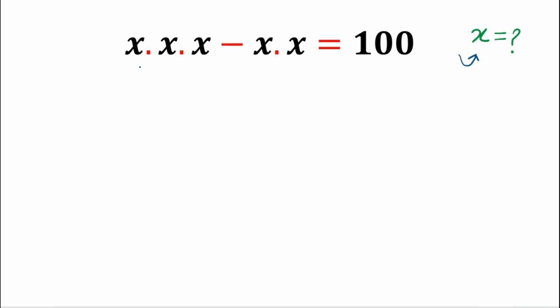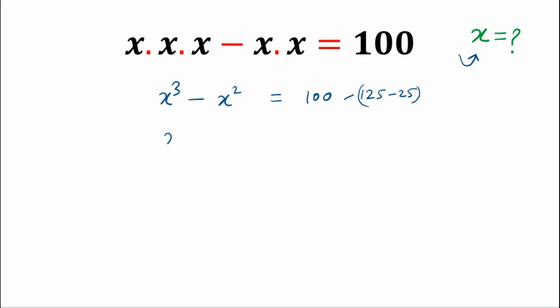On the left hand side, we have x times x times x, this is x power 3, minus x times x, this is x square, and this is equal to 100. Here 100 is the same as 125 minus 25.